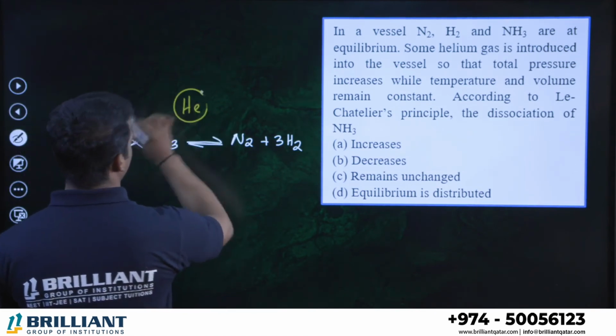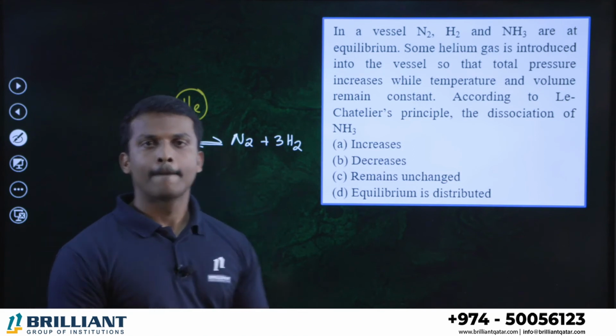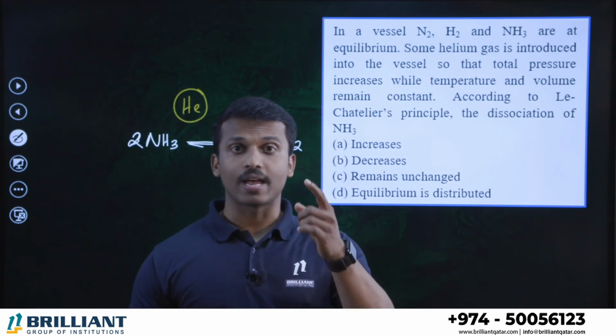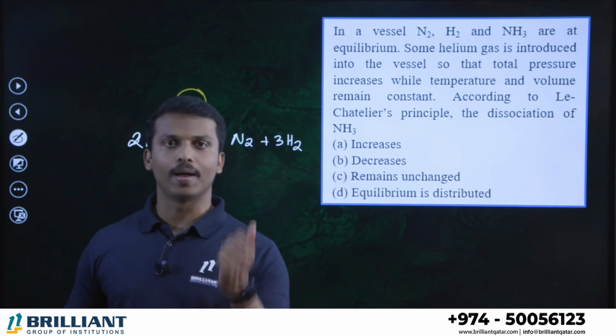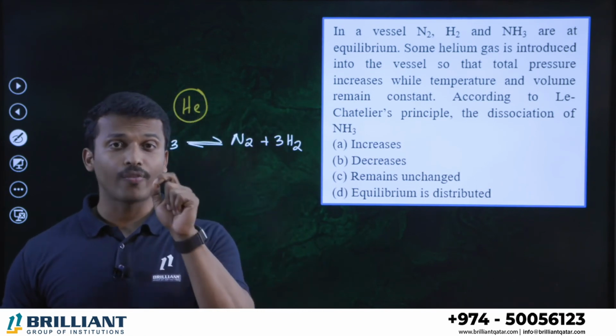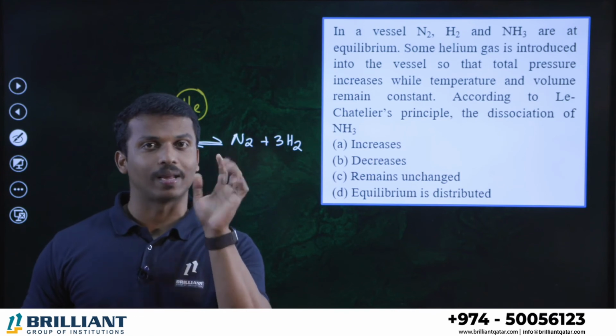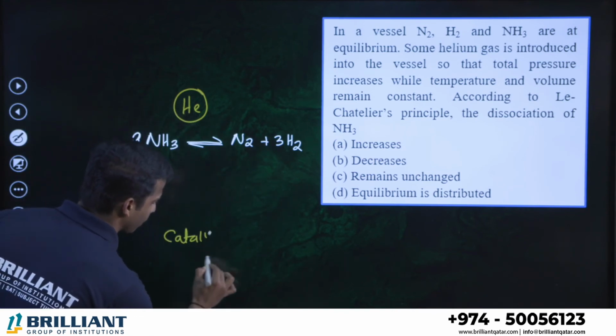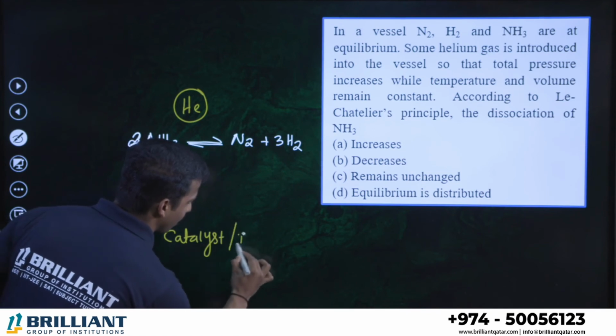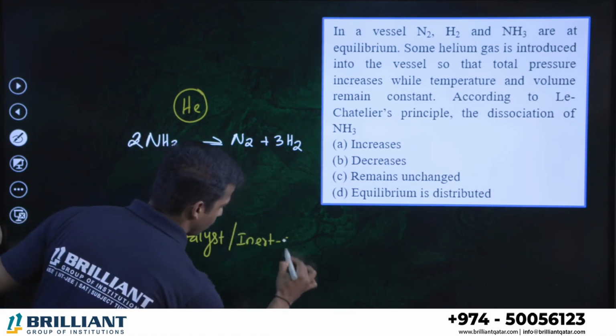Helium gas. All of you, please note that we studied the factors affecting equilibrium: concentration, temperature, pressure, number of moles and volume. Which factors do not affect it? Please note it: mainly catalyst and inert gases.